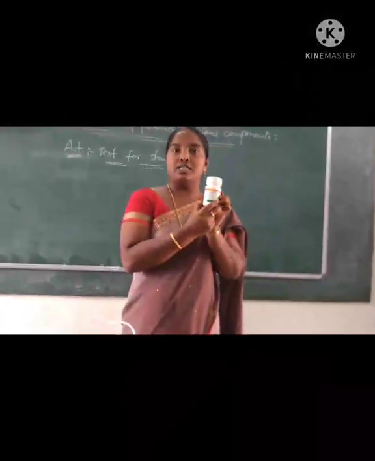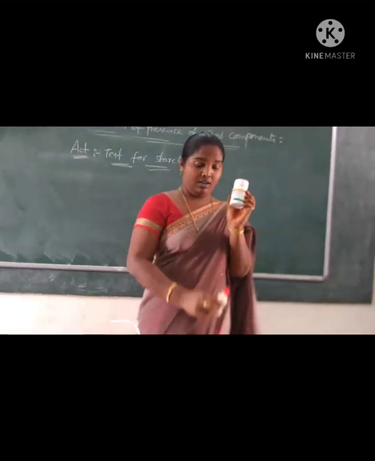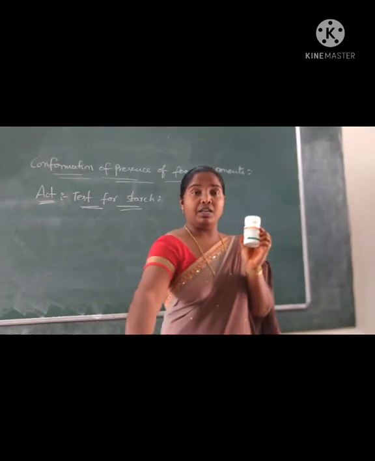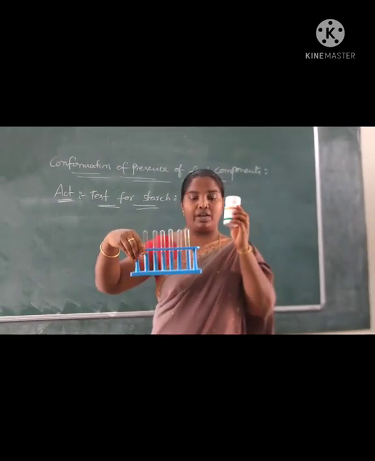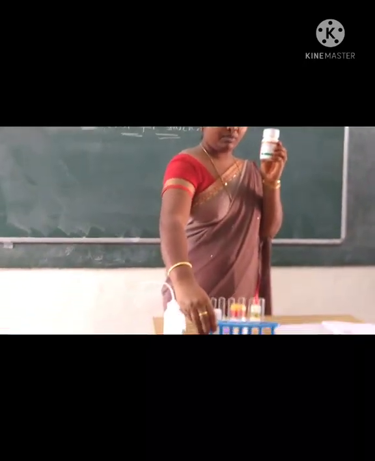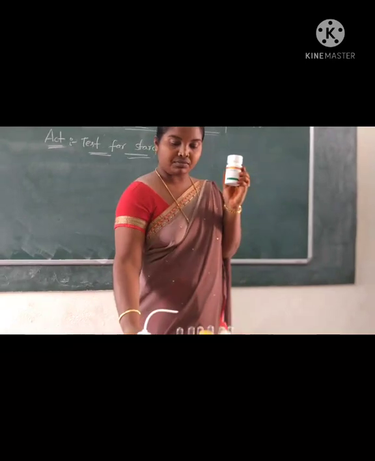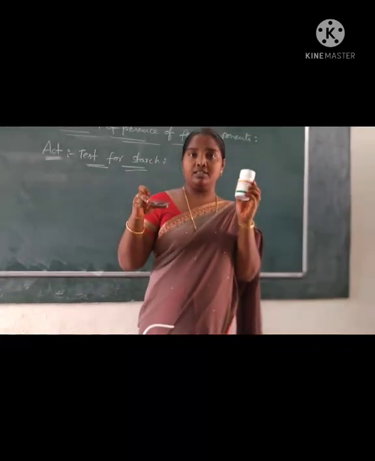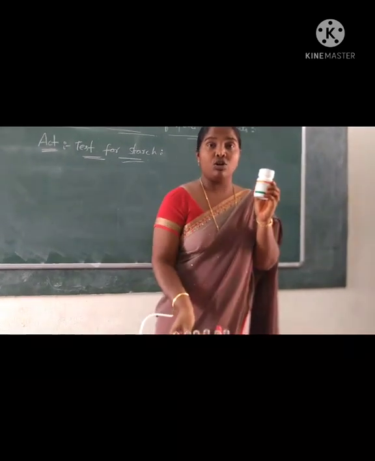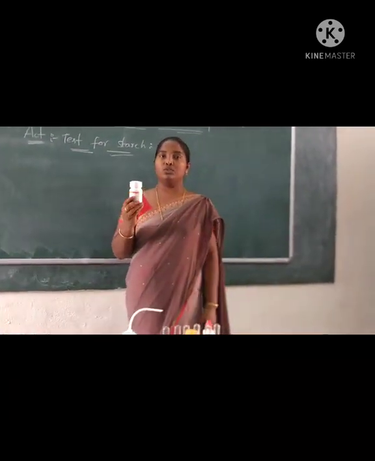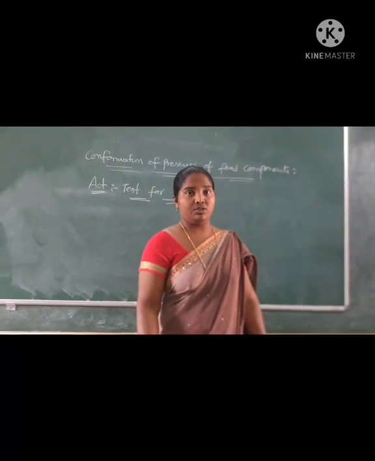Now, the materials we require are: test tube holder, test tubes, potassium iodide pellets, water, plate, and dropper. These are all the required materials for this experiment.